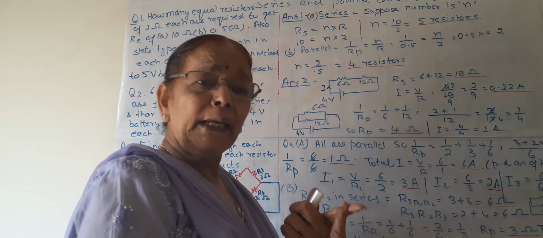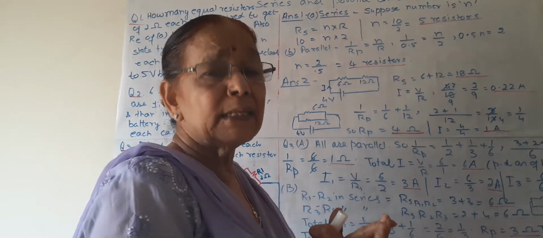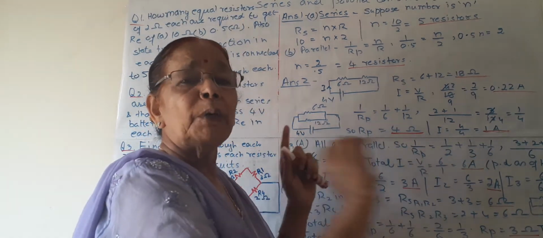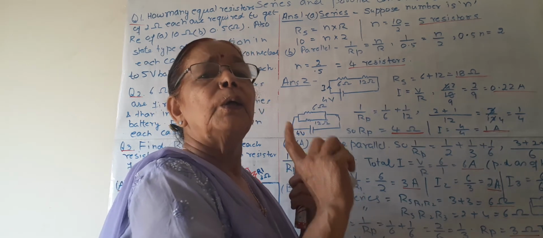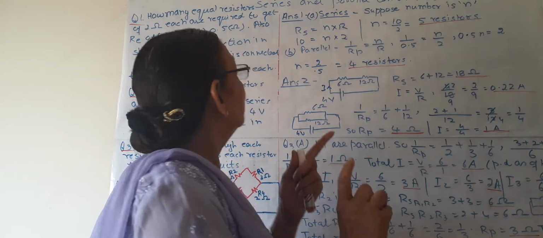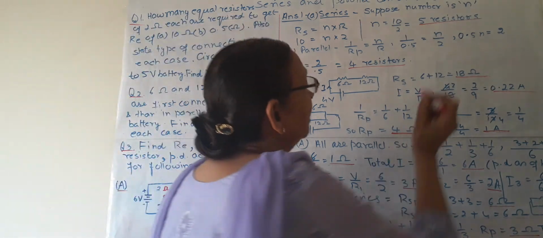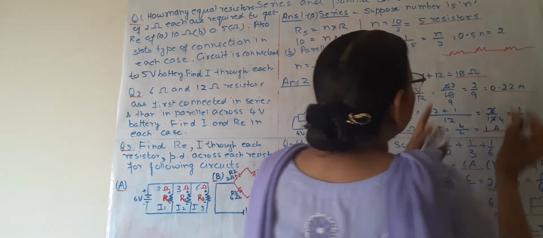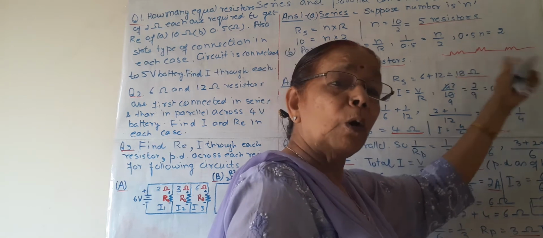Now the next is current and PD, both. What is the current in series? We know current in series is common to all the resistors, I is equal to I1 is equal to I2. If it is a series combination, suppose 3 resistors are joined 1, 2, 3, then the current will be same in all the 3.